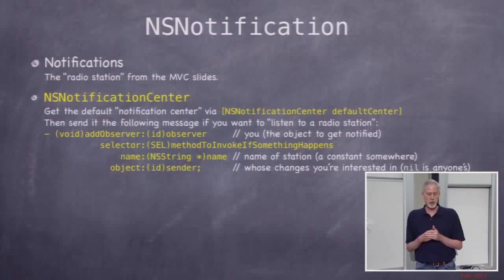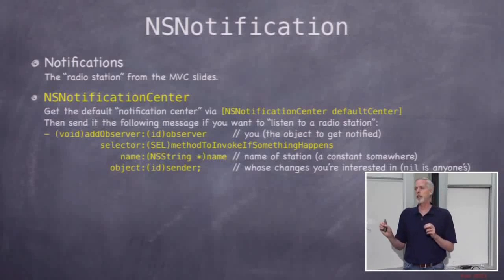The first argument, observer, that is the object that wants to listen to the radio station. So in your controller, because controllers are the most common radio station listeners, this would probably just be self. Okay, addObserver self. This is somewhere in your controller code. Selector is the method inside of the observer that you want to be called when something appears on the radio station. Some broadcast happens. Okay?